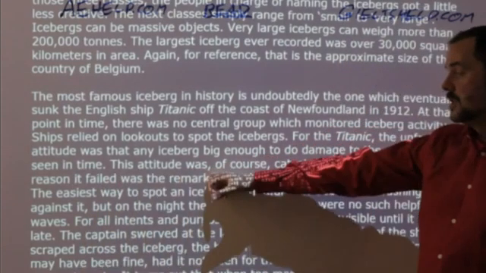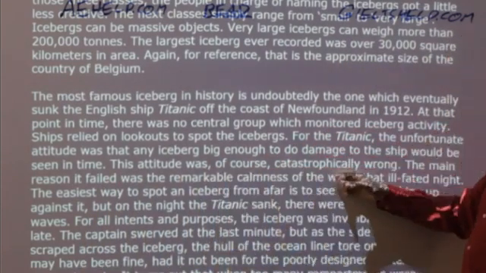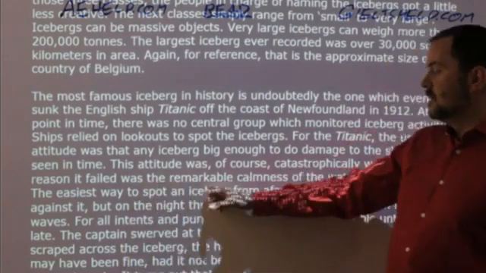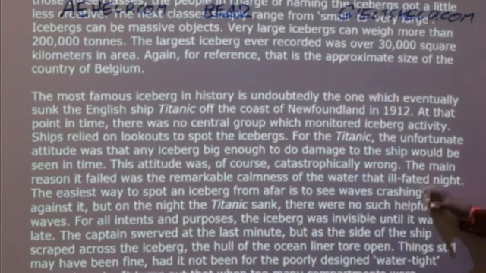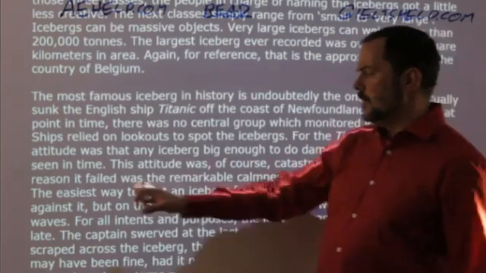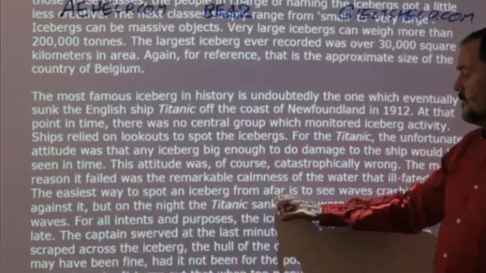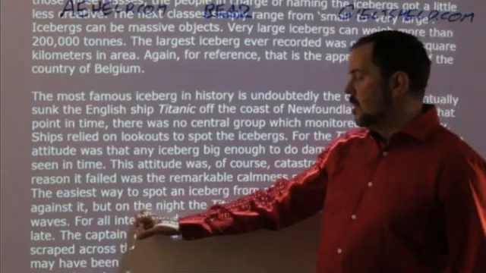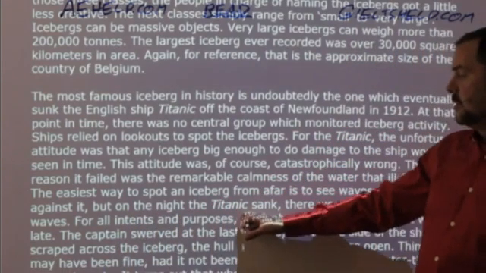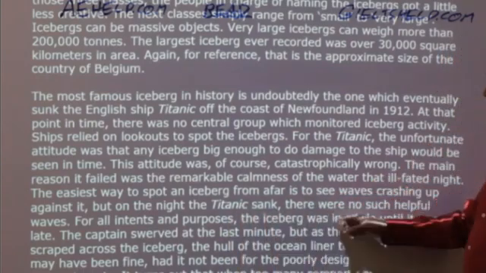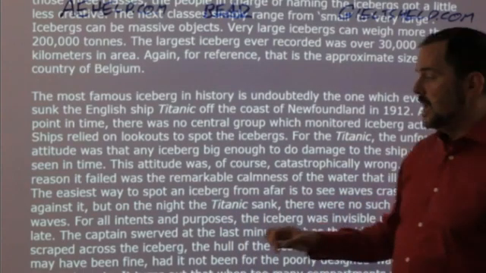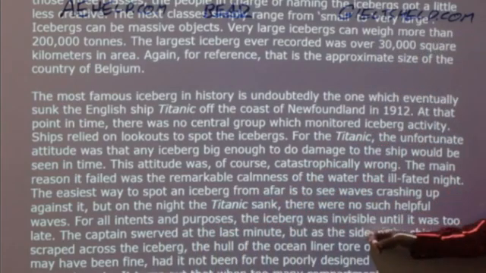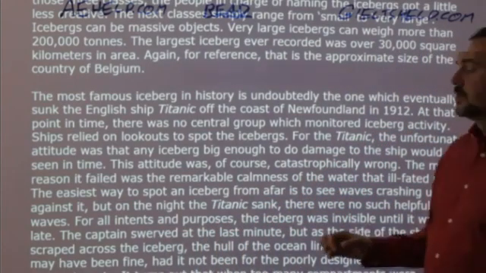This attitude was, of course, catastrophically wrong. The main reason it failed was the remarkable calmness of the water that ill-fated night. The easiest way to spot an iceberg from afar is to see waves crashing up against it, but on the night the Titanic sank, there were no such helpful waves. For all intents and purposes, the iceberg was invisible until it was too late.